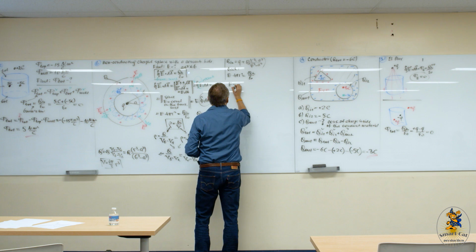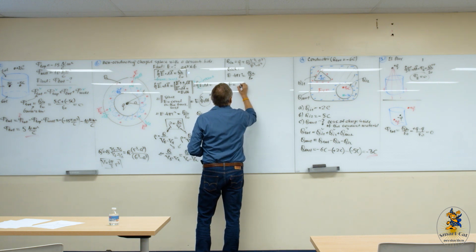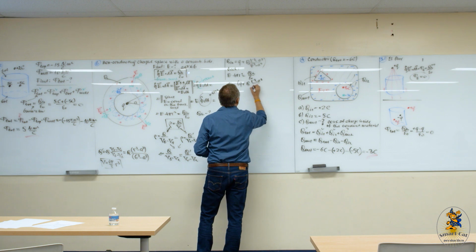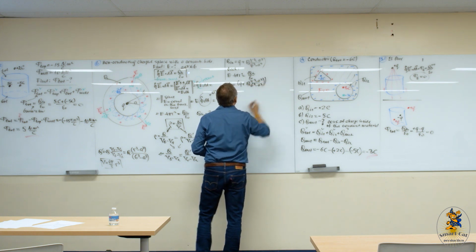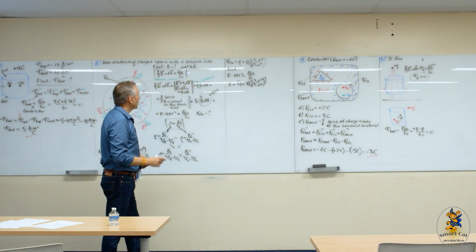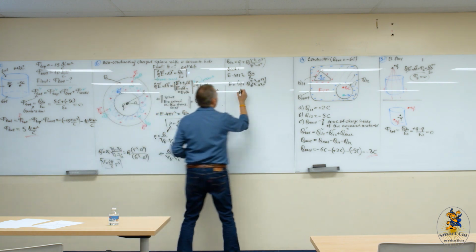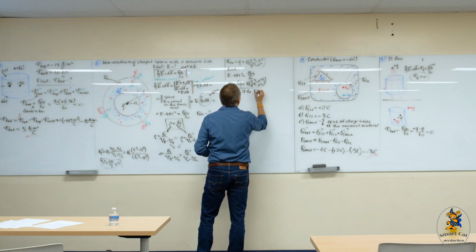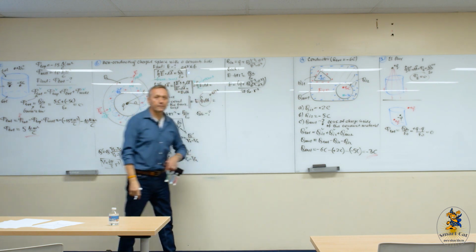So E will be equal to Q enclosed divided by 4 pi epsilon naught r to the power of 2.